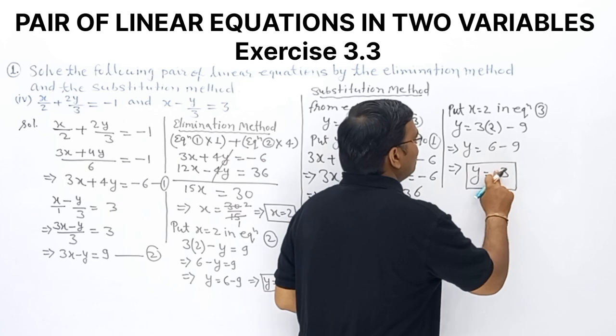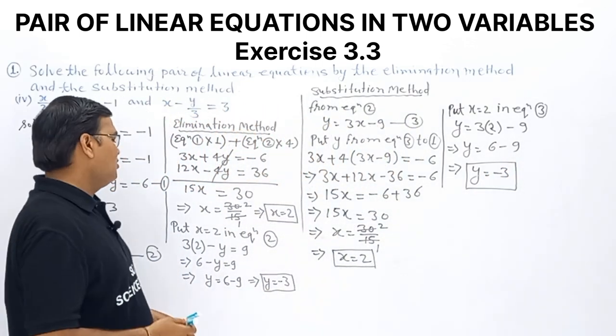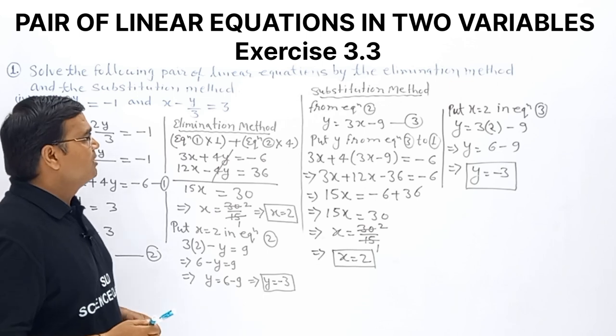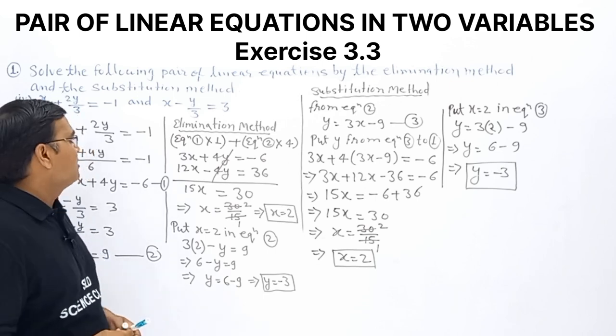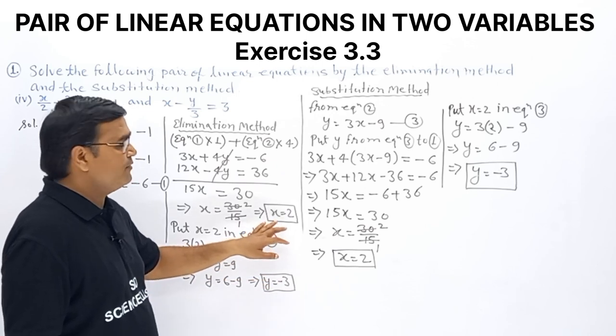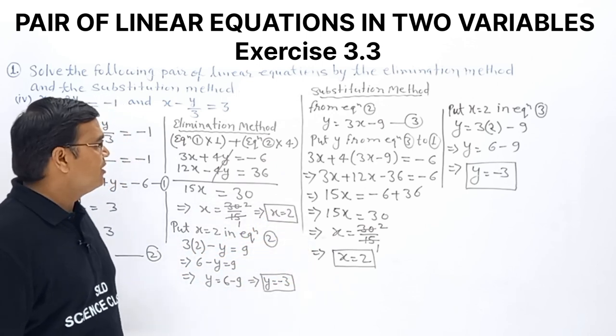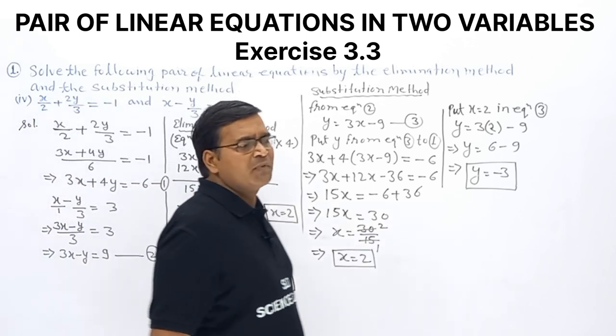It means the solution we obtained in the elimination method is correct. In the elimination method and substitution method, we are getting the same values, x equal to 2 and y equal to minus 3.